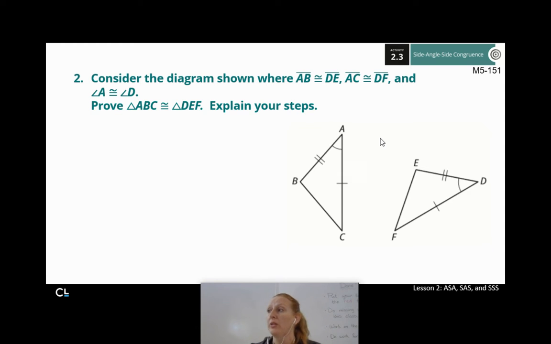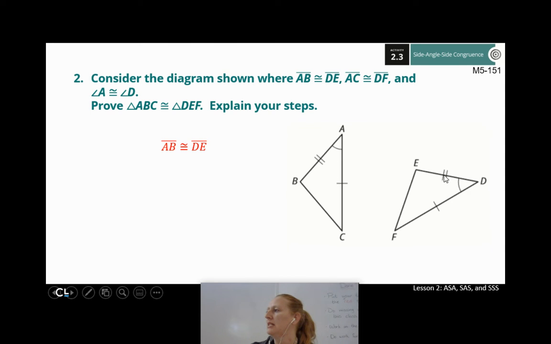So hopefully you treated this similar to the way we treated the SSS stuff yesterday. We said that AB is congruent to DE, so I wrote that down. It looks like AC is congruent to DF, so I have that as well. But notice angle A is between those two sides. So I'm just going to put matching marks.